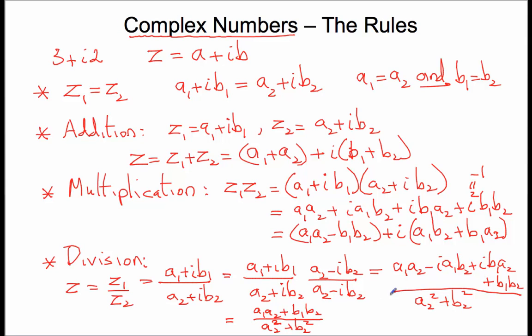And then there'll be an imaginary part which will be plus i into b1 a2 minus b2 a1 divided by the same. So the common denominator, which is a2 squared plus b2 squared. That's how you divide two complex numbers. You get a real part and an imaginary part after making the denominator real.